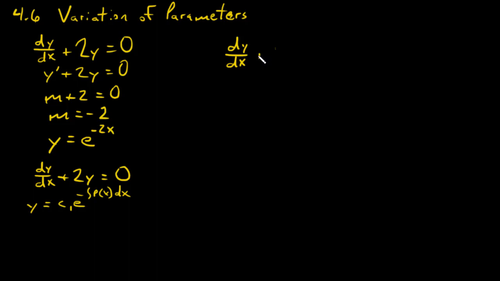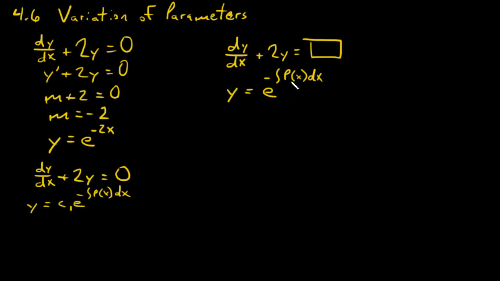So plus 2y equals something that is not 0. Well, then we have to do the whole thing where y equals, we're going to wind up with e to the negative integral of p of x dx.